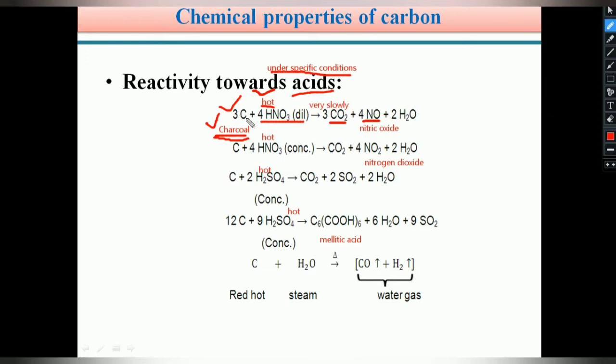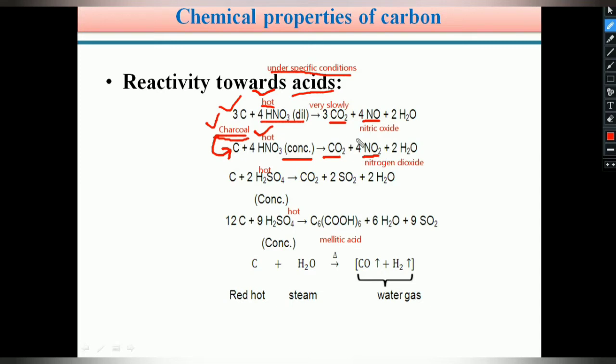Suppose we repeat the same reaction with concentrated HNO3. What happens? When hot concentrated HNO3 is treated with the amorphous form of carbon, that is charcoal, it forms carbon dioxide along with NO2, nitrogen dioxide.